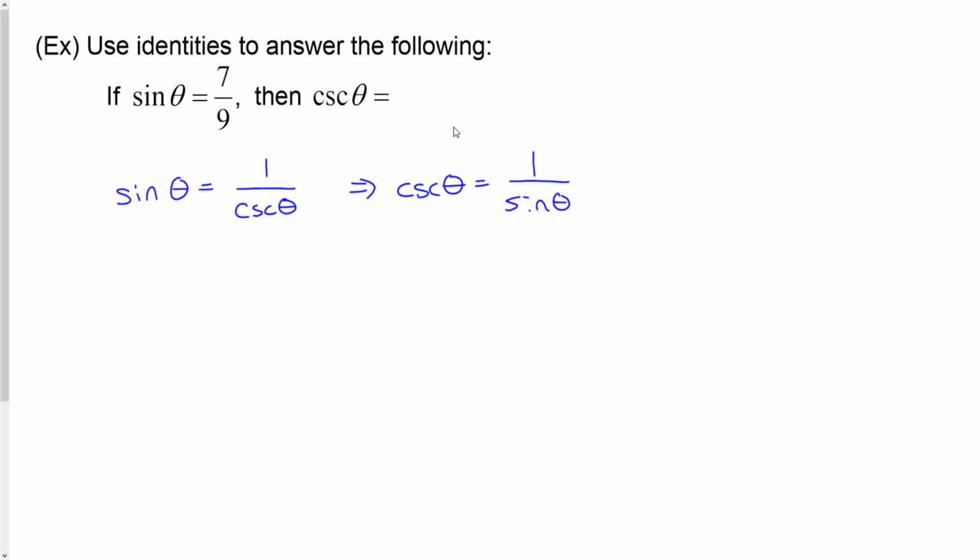So what we can deduce here is that our answer for cosecant theta is just going to be 1 over that value that I have for the sine of theta. And if I take 1 over a fraction, it just means to invert the fraction. So the answer here is 9/7.